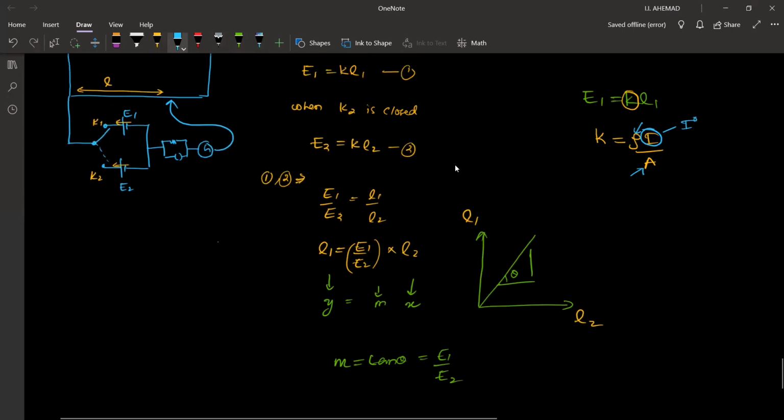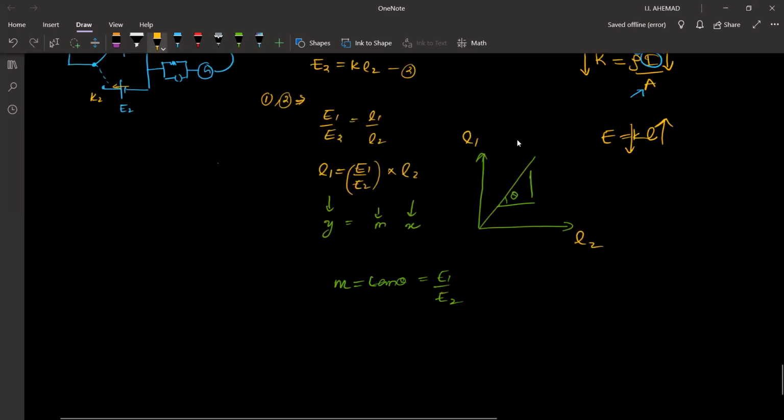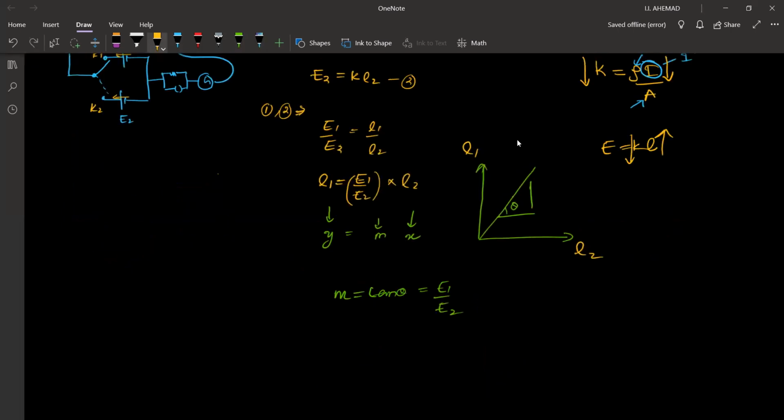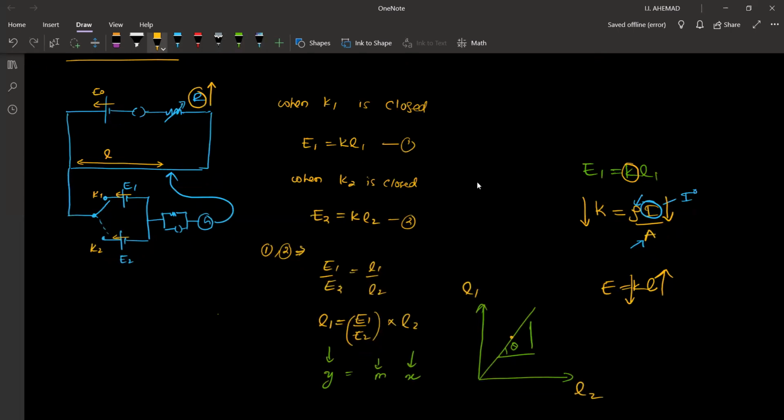How can we change the current I? Here we have a variable resistor. By increasing the resistance, we can decrease the current. Then K reduces. If K reduces, now E is equal to KL, K reduces, L increases. So we will get a new balance length for L1 and L2. Is that idea clear? How are we going to vary L1 and L2 to get data points?